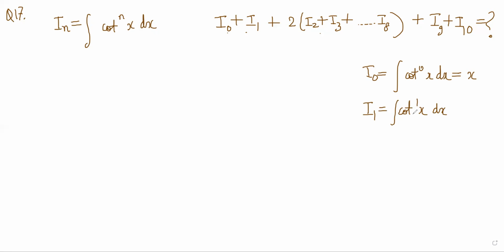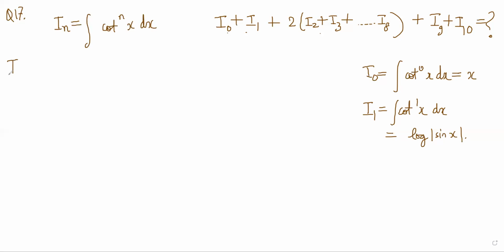So that is actually equal to log mod sine x, and so on. You get other answers for I2 and so on, right? However, we are not concerned with the actual answers just for a specific I value. What we are concerned with is a way to get all the I values regardless of the value of n, right?